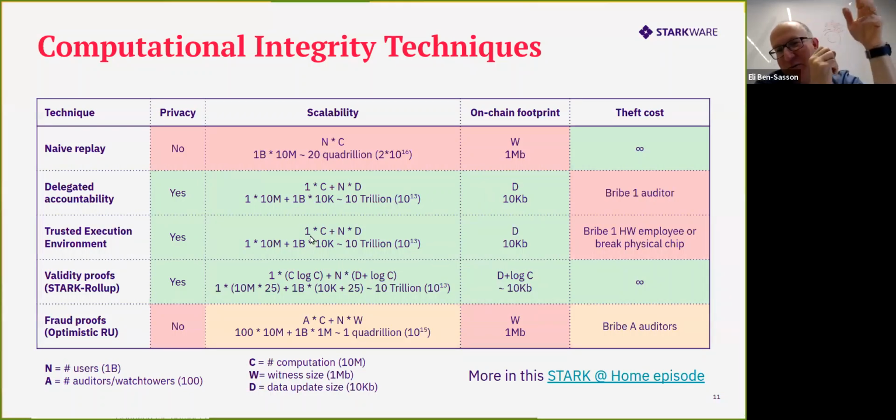It signs that the computation was done correctly. Now your trust is basically in the hardware manufacturer, and in the inability to open up that shell and take out the secret key. So that's also the weakness of it: once the shell is open and you can extract the secret key, then all of the integrity goes away.